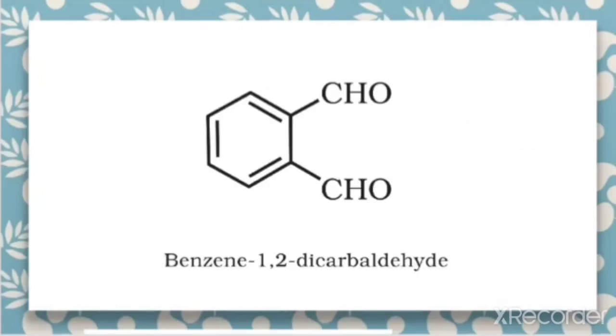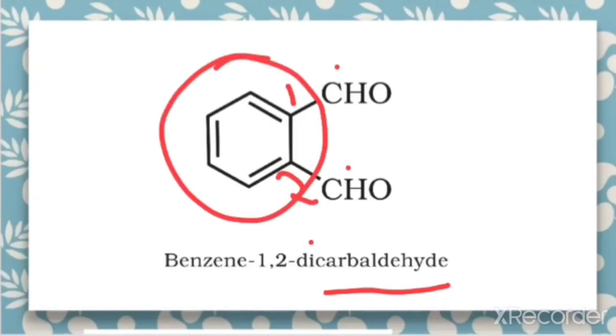Now the next example, it is also a cyclic part. As I told you, whenever there is a cyclic ring and the aldehyde group is attached to that cyclic ring, in that type we have to represent the functional group aldehyde by carbaldehyde. Since here 2 aldehyde groups are there, therefore we will be using the word dicarbaldehyde, that is on the 1st and the 2nd carbon atom of the benzene ring.